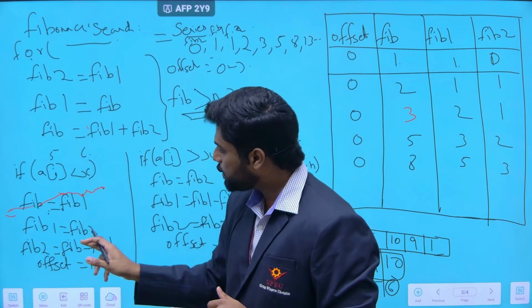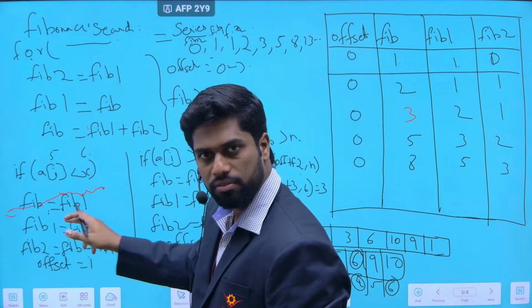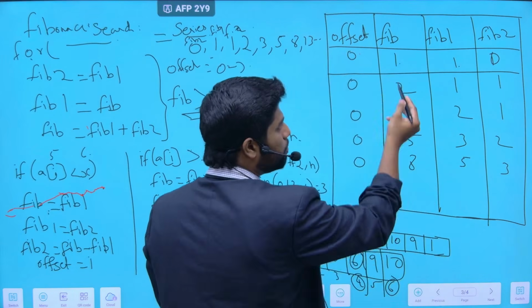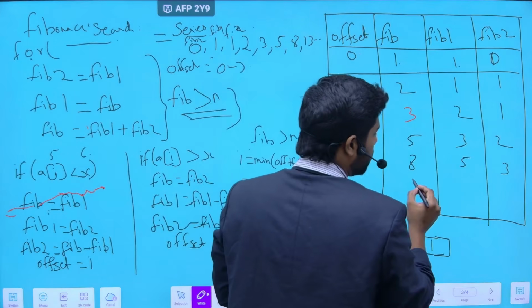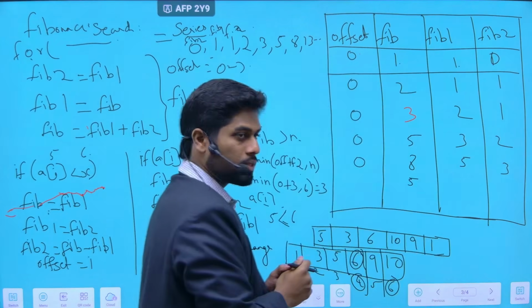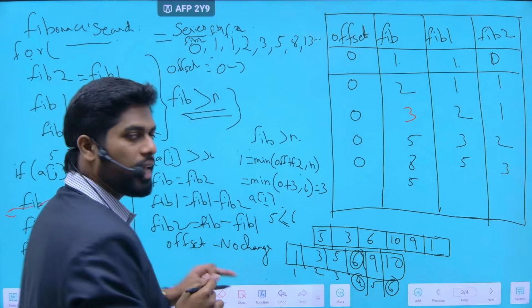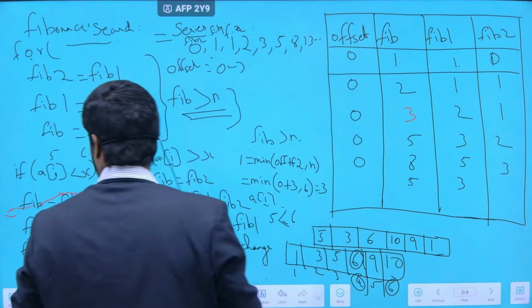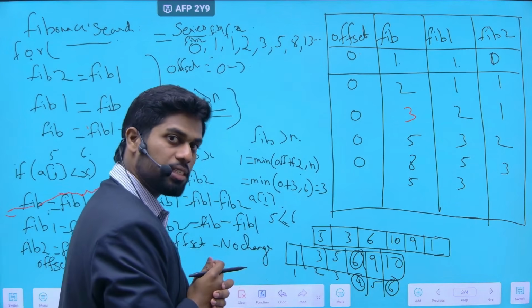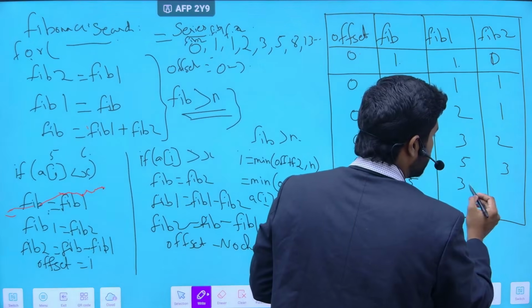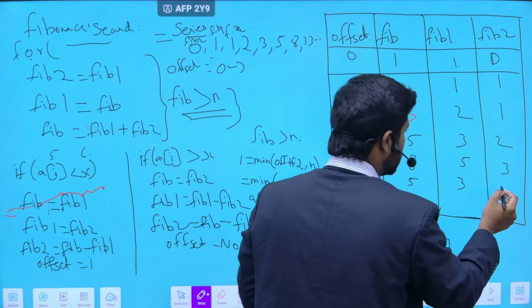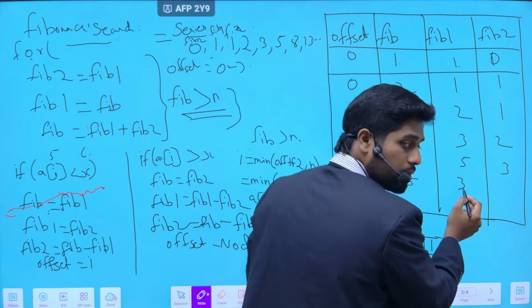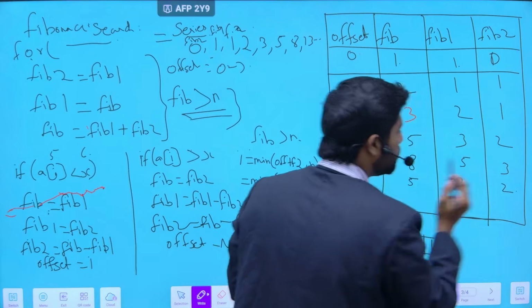If it is less than 6, fib equal to fib 1. Now change it. Fib equal to fib 1. Next, fib 1 equal to fib 2. Next, fib 2 equal to fib minus fib 1, which is equal to 2.